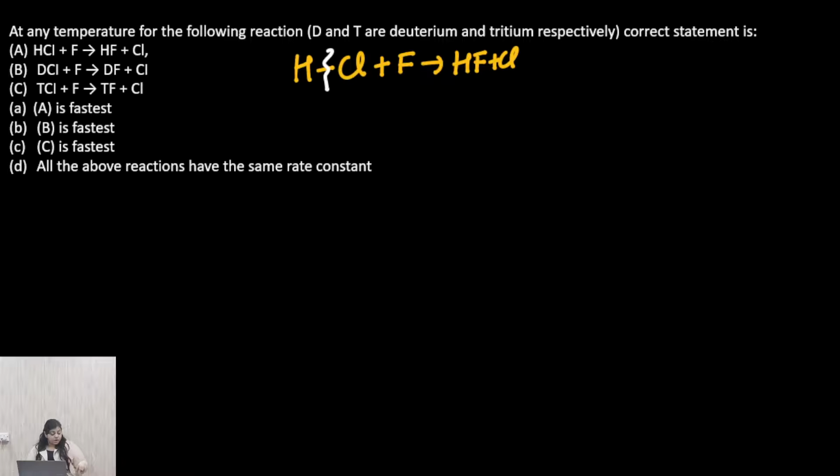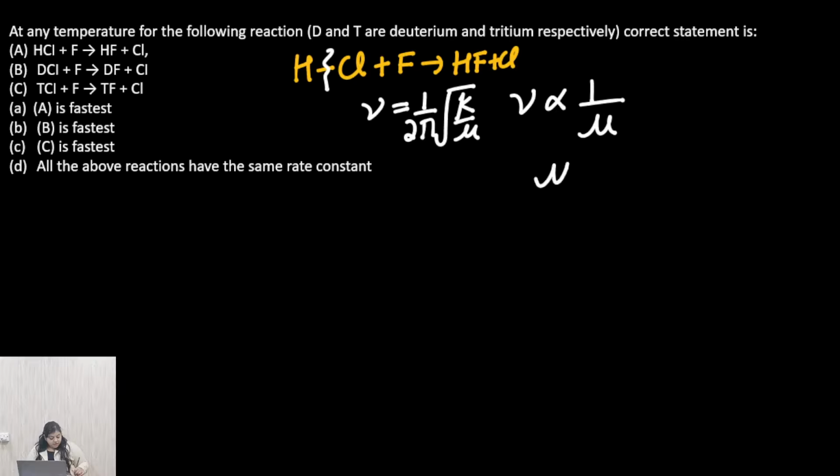We know that the stretching frequency is equal to 1 by 2 pi into the root of K by mu, which means the stretching frequency is inversely proportional to the reduced mass. As the reduced mass increases, the stretching frequency decreases.